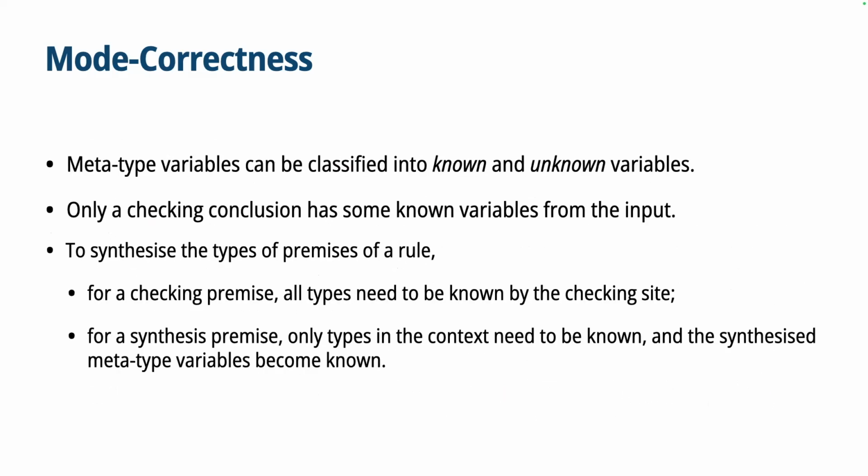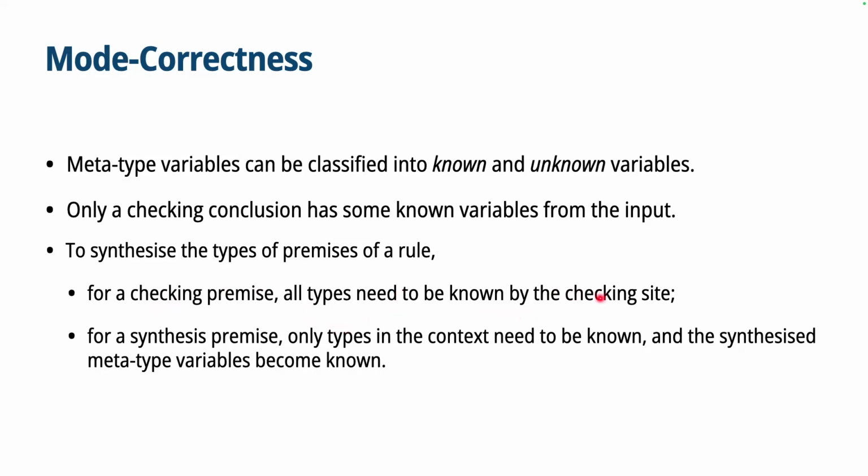And when we move our focus to the premises, if we see a checking premise, or a checking argument, then we need to make sure that every meta variable in that argument is known from your context or from somewhere. That's the basic idea of what I say here.